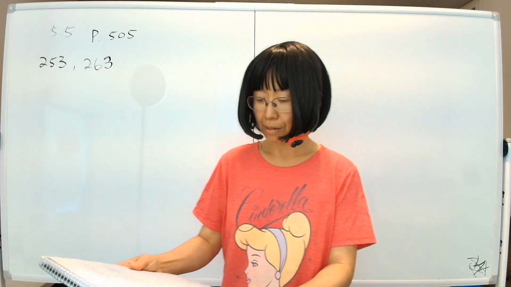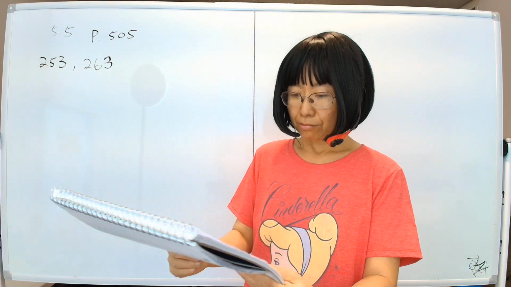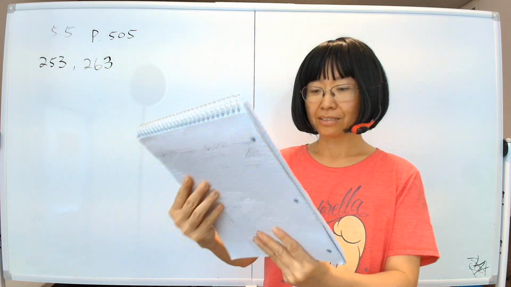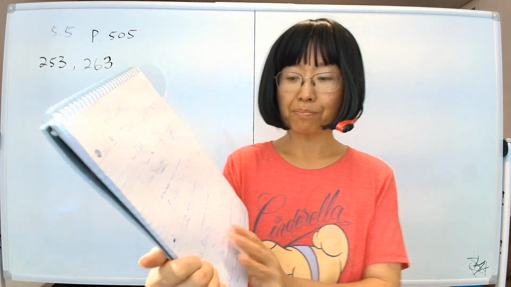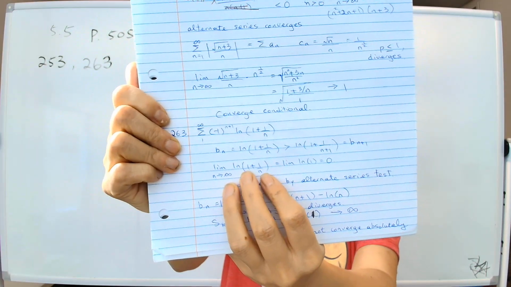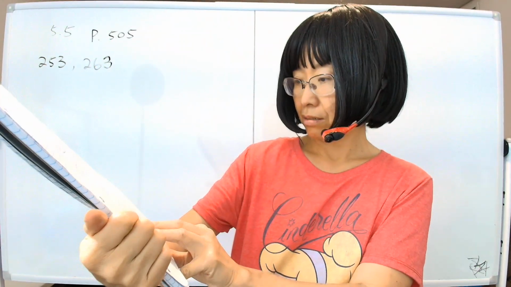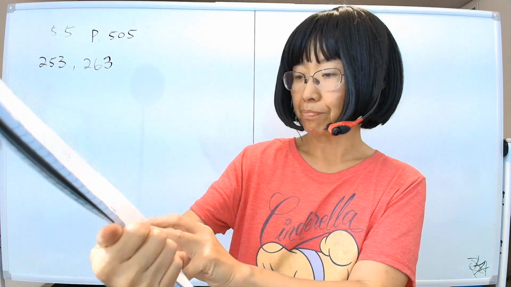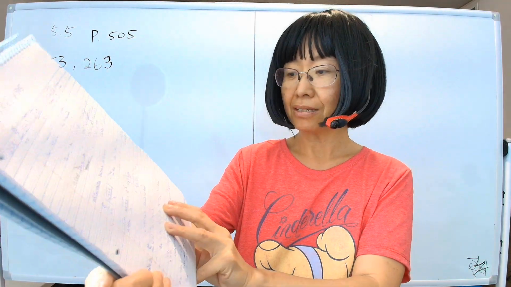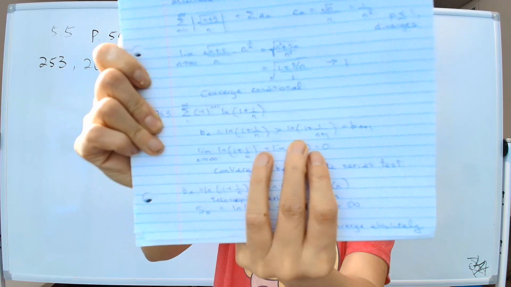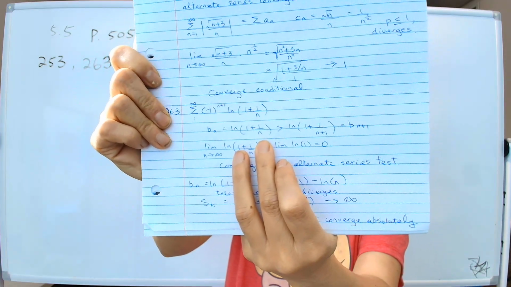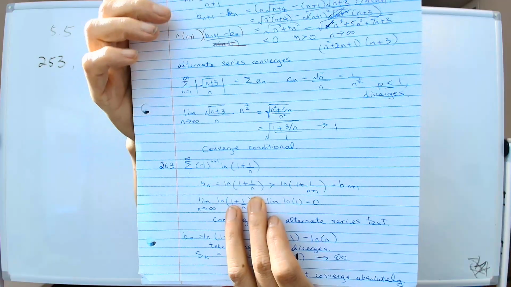Next, let's look at problem 263, which is actually easier than the previous one. In this case, Bn is bigger than Bn plus 1, so it's decreasing. That's quite obvious because n is only under one fraction, instead of being stuck in a bunch of them like before.